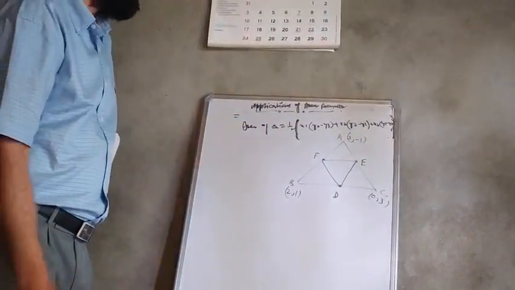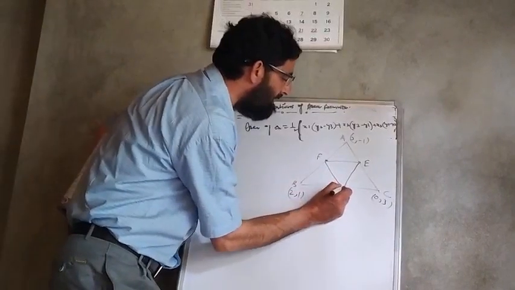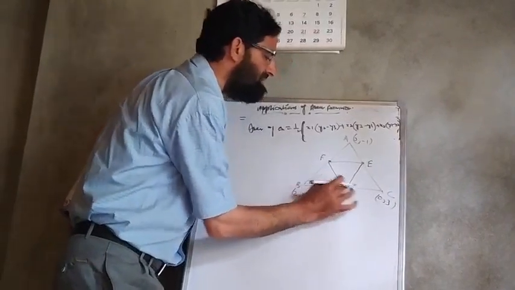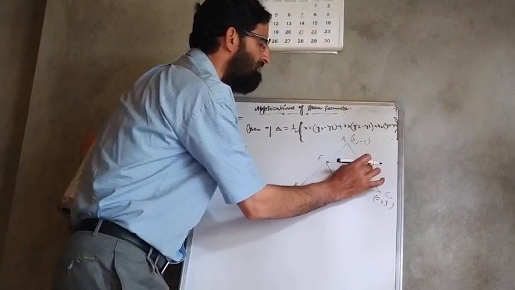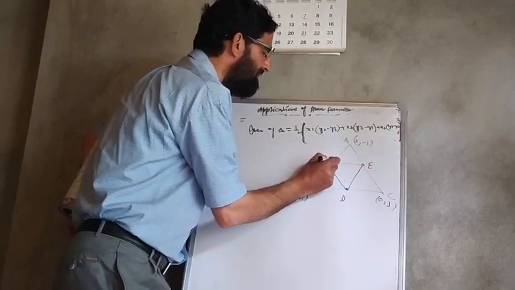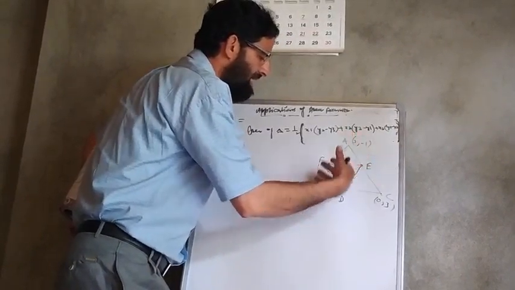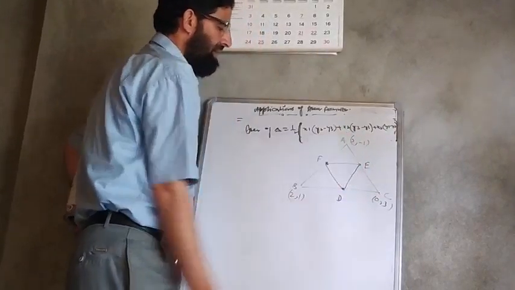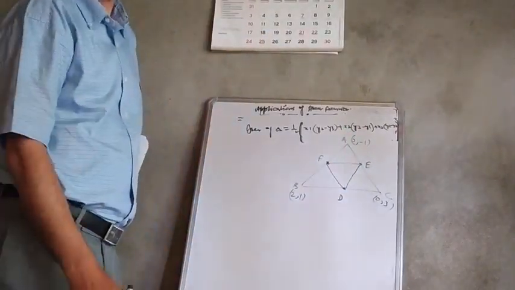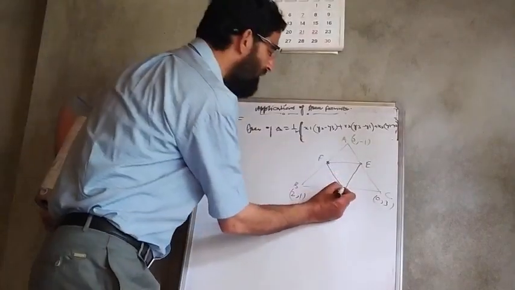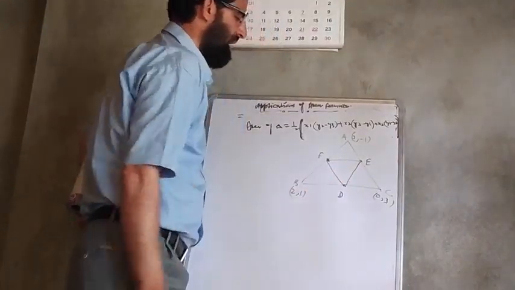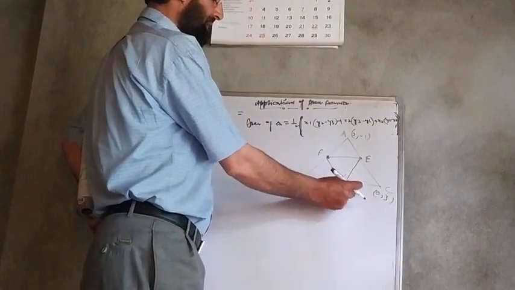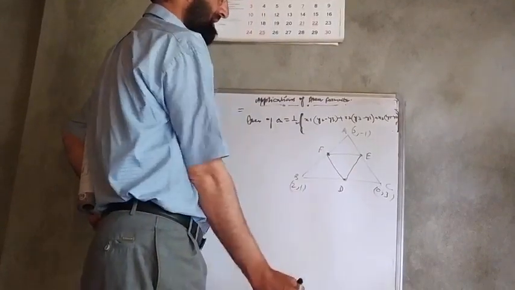So this is very simple. First of all, we shall find the coordinates of this point D, similarly point E, similarly point F. So when we find all the coordinates of this triangle DEF, then you can find the area of this triangle. Now we know by applying the section formula how to find the coordinates of the midpoints.